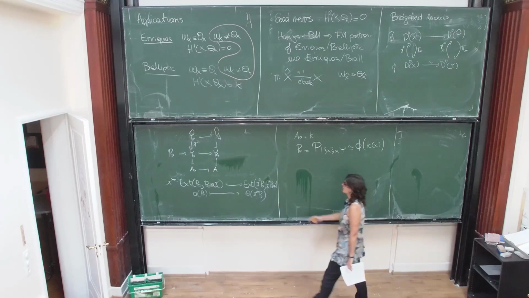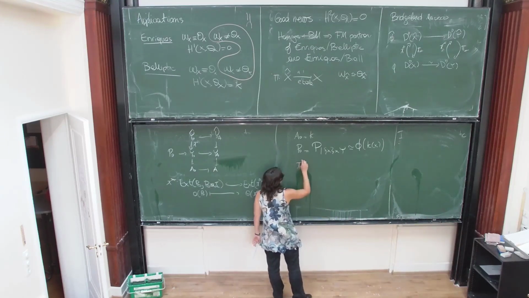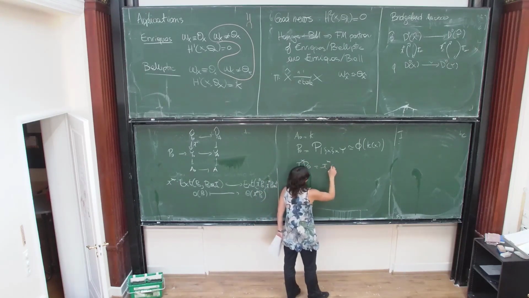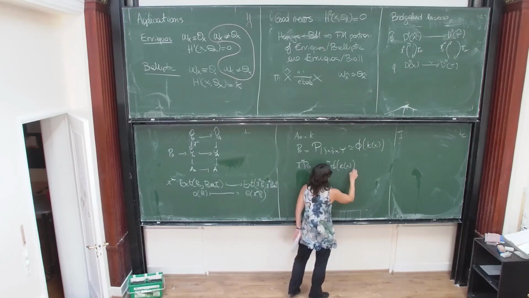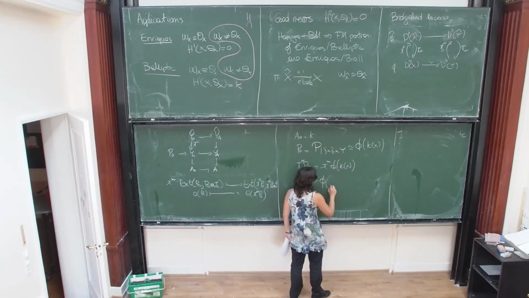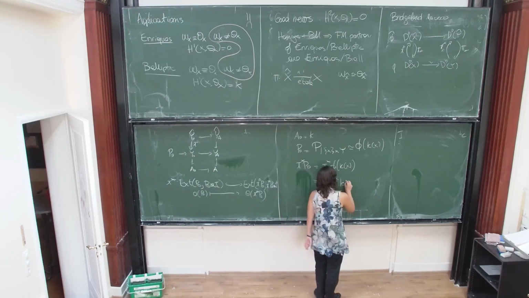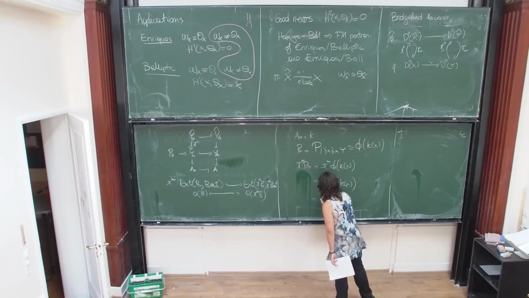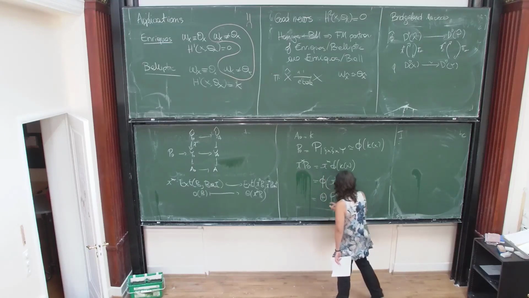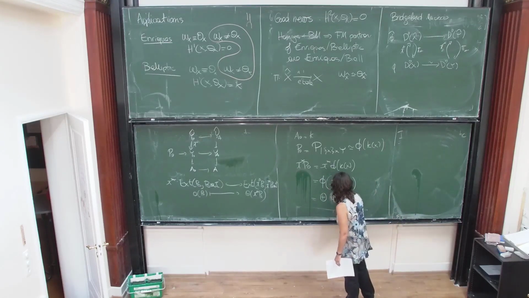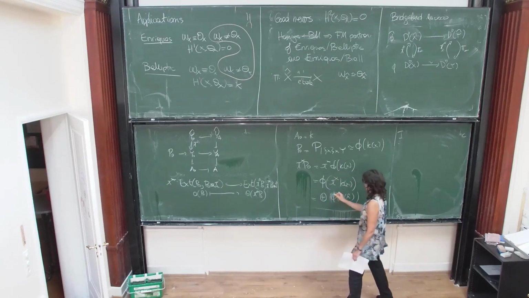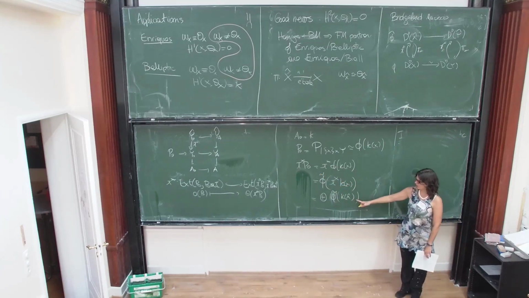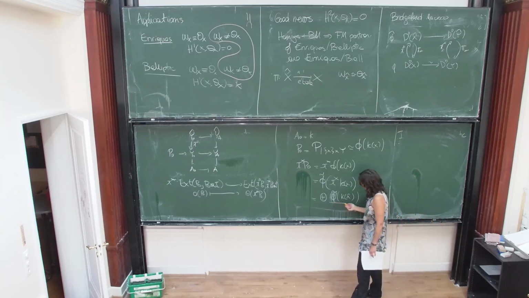So P star of P0 is P star of the image of a skyscraper sheaf, which by Lieblich-Olsson is phi over P star of a skyscraper sheaf, which is a direct sum of images of skyscraper sheaves.